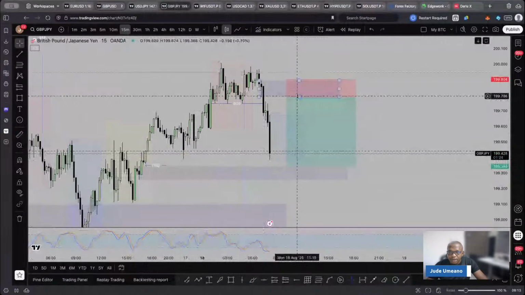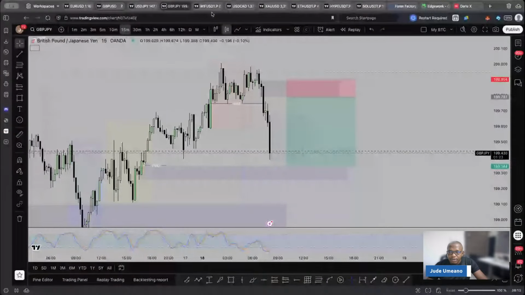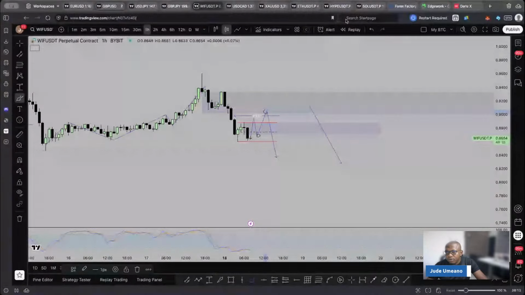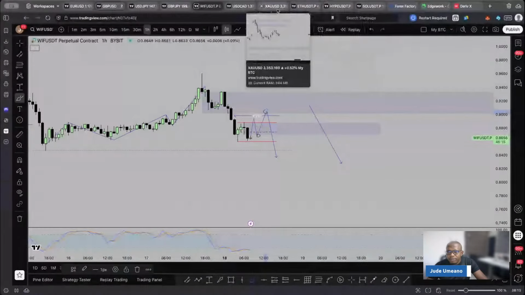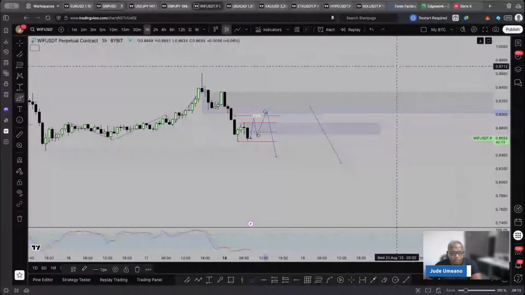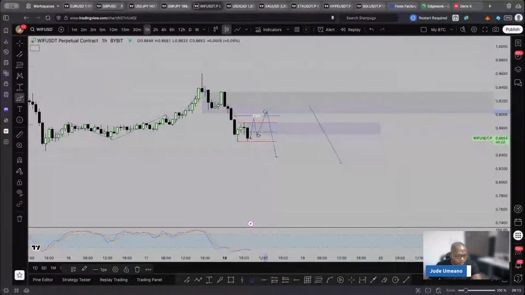We didn't get an entry here. We didn't do good, but we've done XRP. So that is it. I'm dropping more setups on Discord today of all the trades I'm going to be taking.